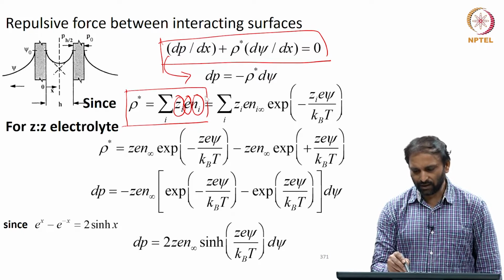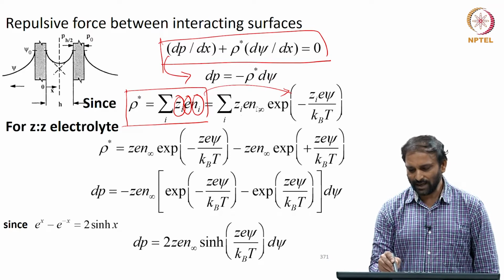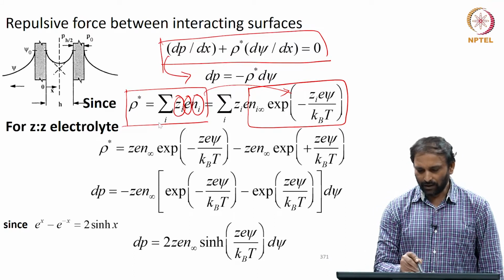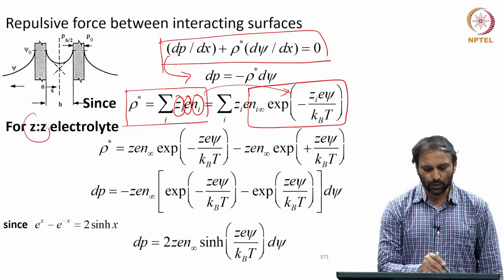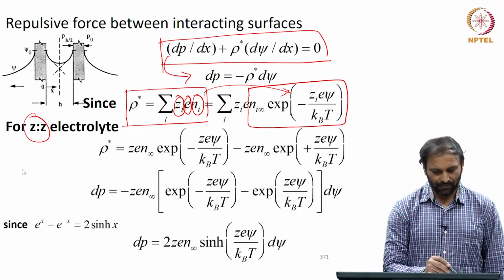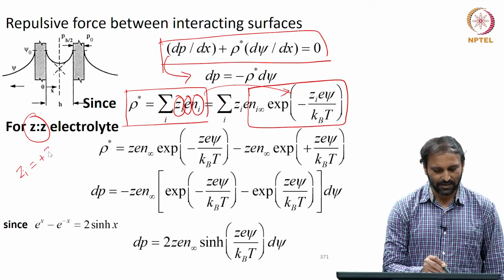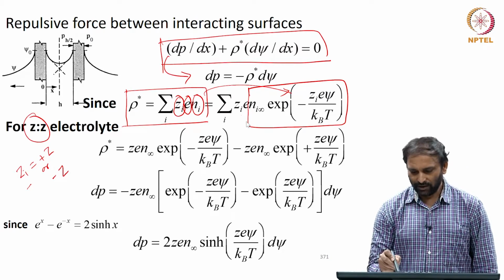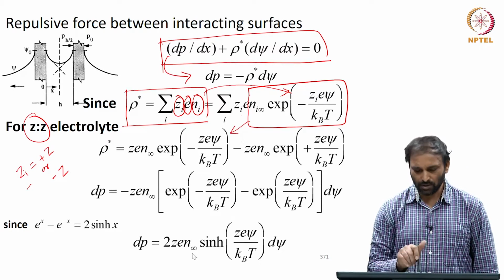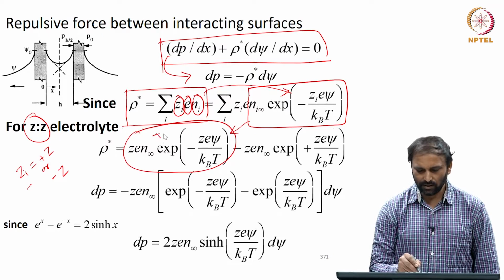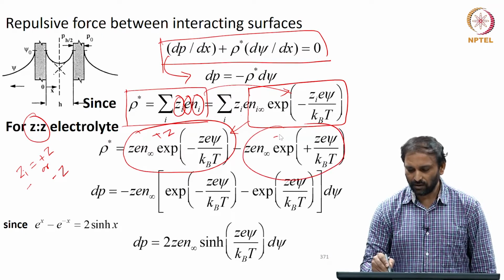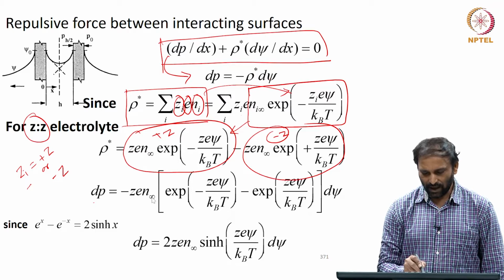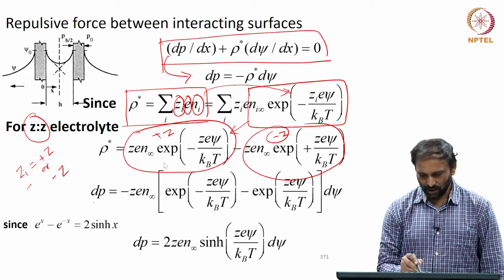So, I can bring in the Boltzmann factor. Z i e times the Boltzmann factor, that is rho star, and when you have a Z is to Z electrolyte, Z i takes the value of plus Z or minus Z. Therefore, I can expand this term and write two terms, one for the plus Z case and the other for the minus Z case. Therefore, dP becomes minus Z e n infinity times exponent minus Z e psi by kBT, minus Z e n infinity times exponent Z e psi by kBT.